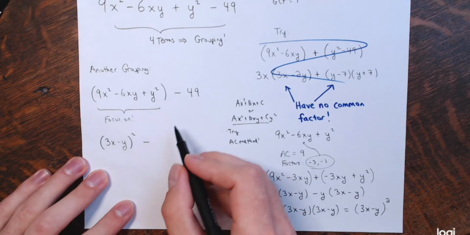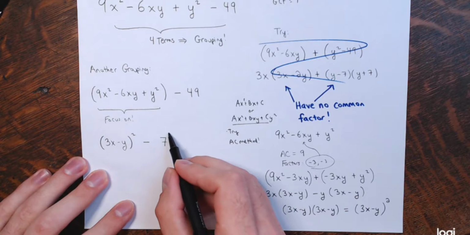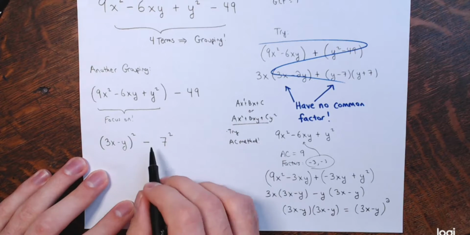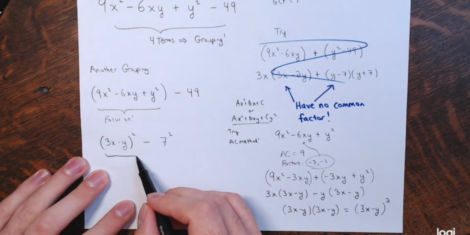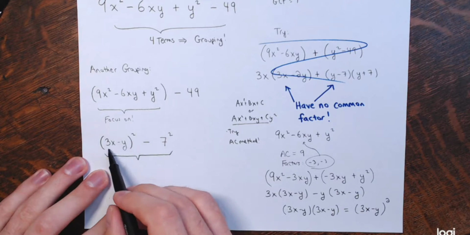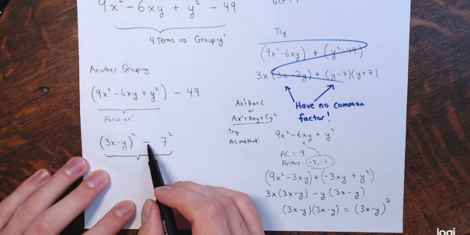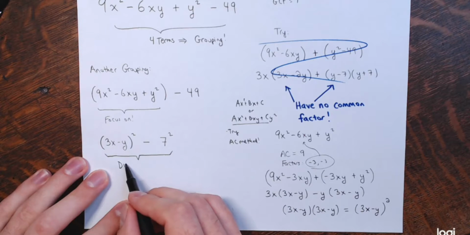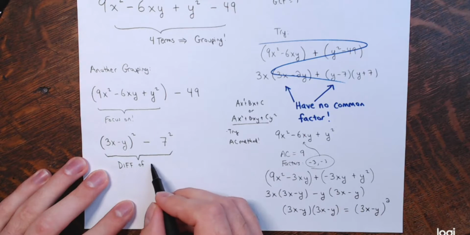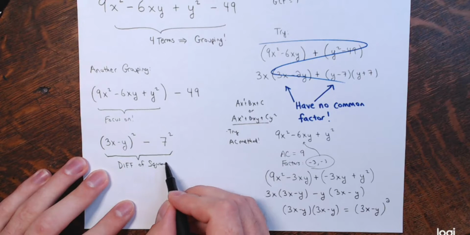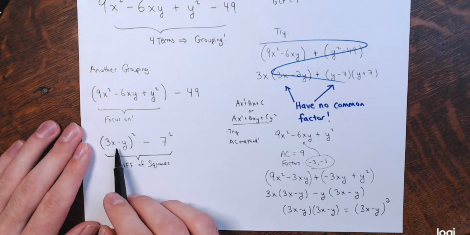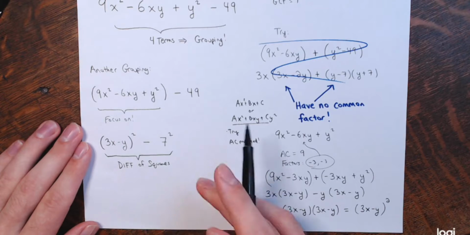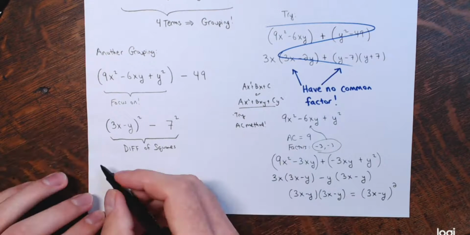Minus, and then 49 is 7 to the second. Hey, look what I have now. Something squared minus something else squared. I have a difference of squares. So remember, a squared minus b squared factors to a minus b times a plus b.